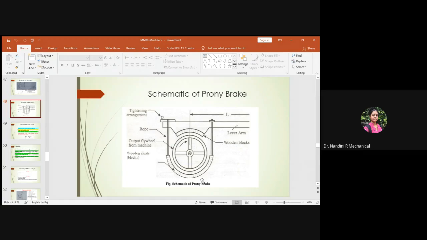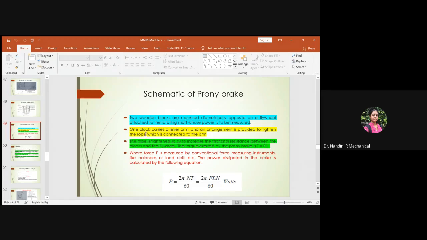This is the only portion of the flywheel where it is housed by two wooden blocks, one at the top and one at the bottom. This is the output flywheel of the machine. You have an outer diameter and an inner diameter. A tightening arrangement is used in order to tighten the rope which passes through the wooden blocks.